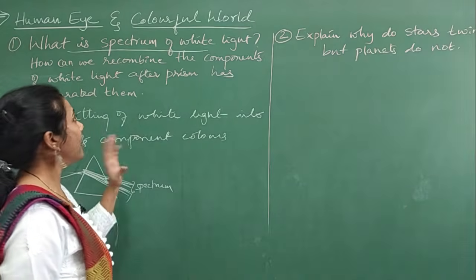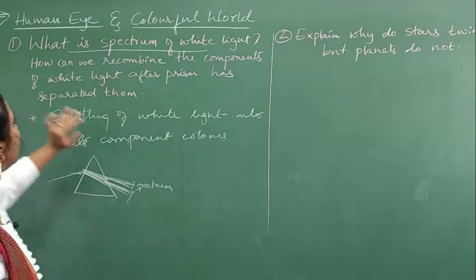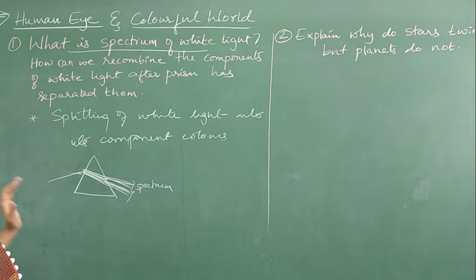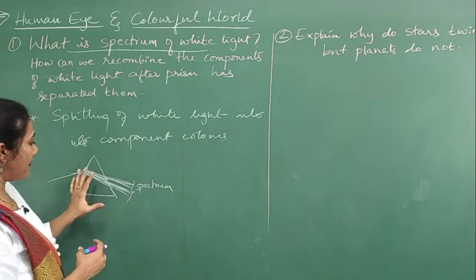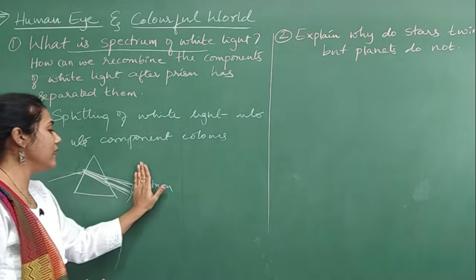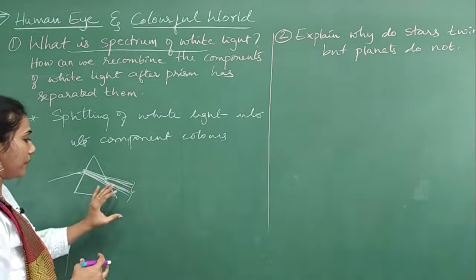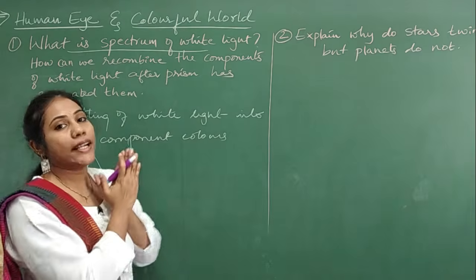And coming to the second part of the question, how can we recombine the components of white light after the prism has separated them? Once you separate the white light into 7 colors, once you get a spectrum, how can you combine them again to make white light?